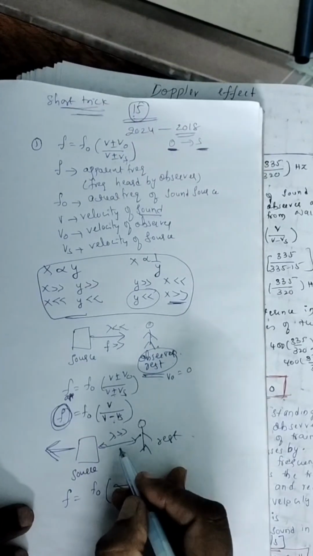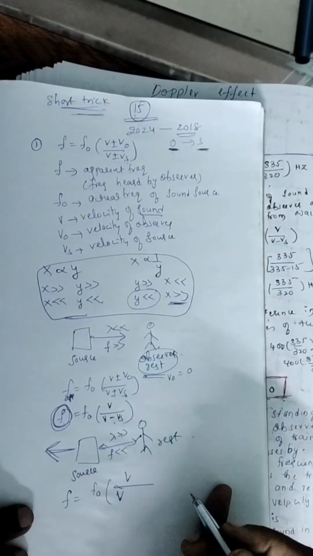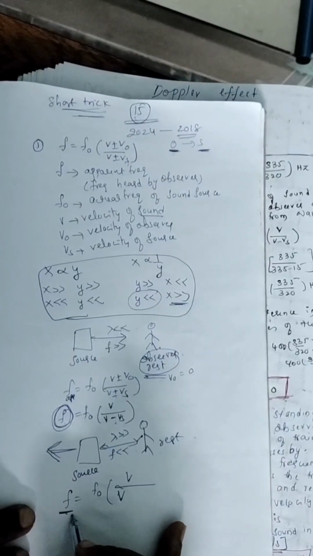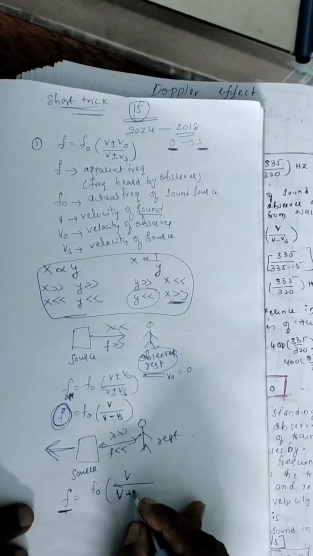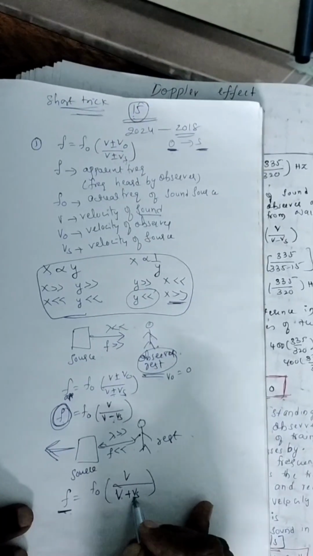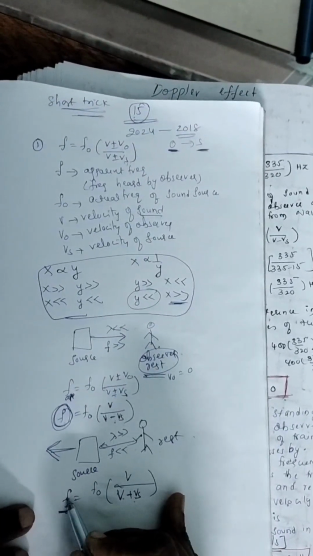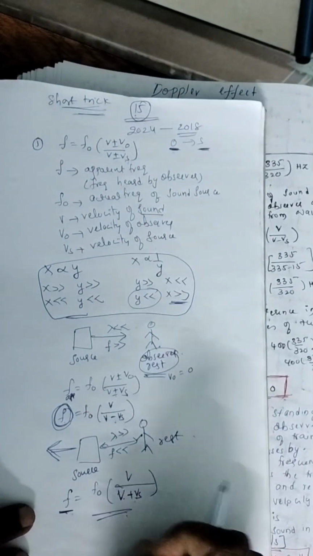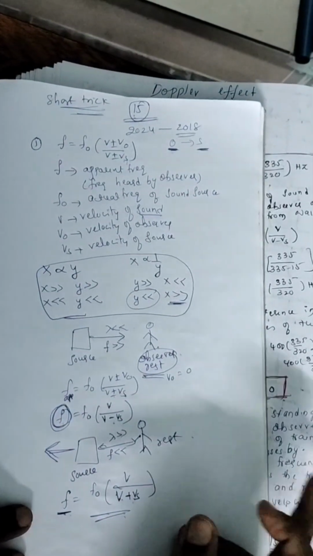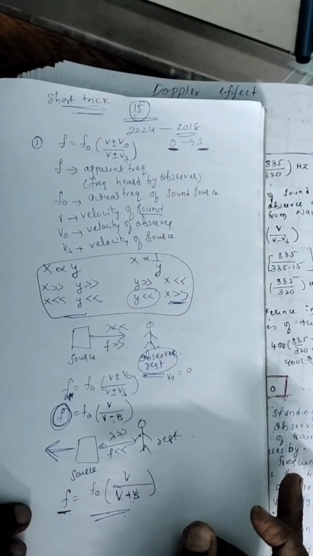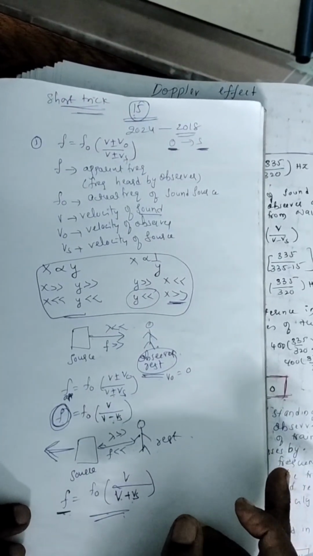Wavelength increasing means frequency decreases. If we want the apparent frequency to decrease, we have to keep plus vs: v plus vs. If this increases, f decreases. In this way, using this trick, I am going to explain all the 15 problems related to the Doppler effect asked from 2018 to 2024.